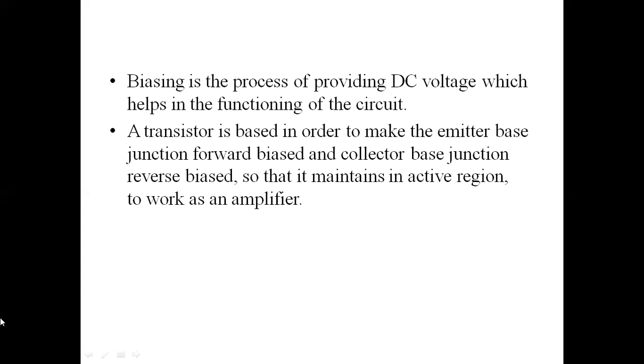Meanwhile, this biasing is also required in such a way that during all parts of the signal, if we consider an AC input signal, which has a positive half and a negative half, during the entire input signal the transistor should remain with the input region forward biased and the output region reverse biased. So this biasing is used to maintain the transistor in this condition during the whole signal. For that we require biasing.